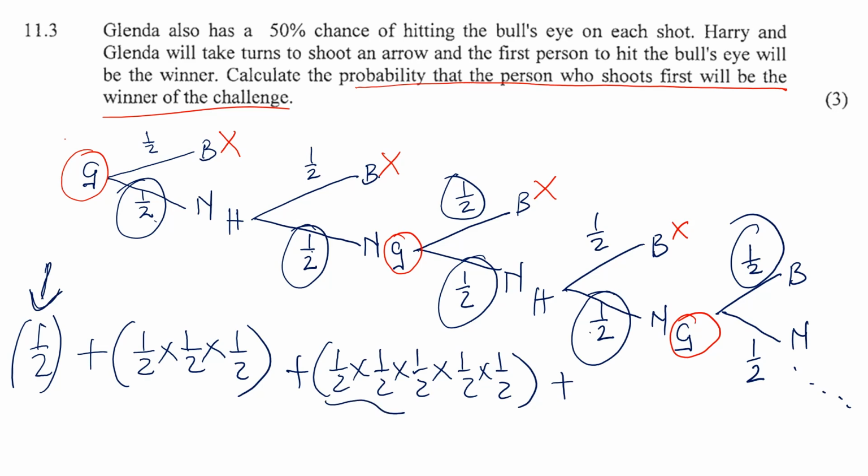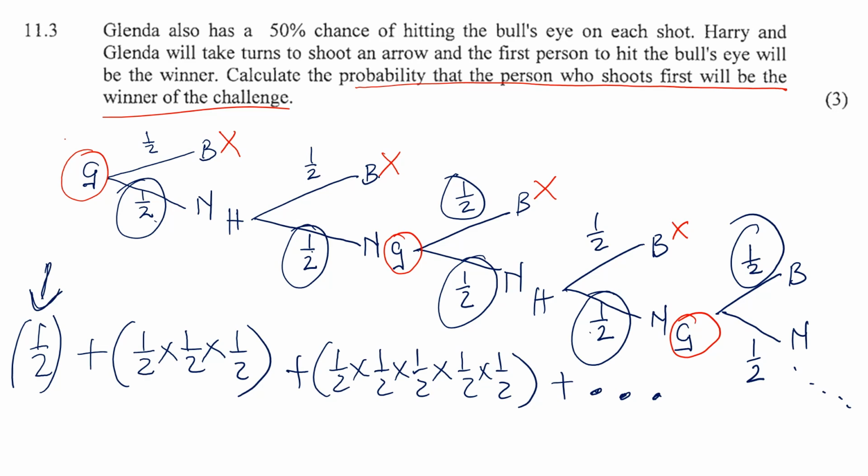Another case: we call Harry, he misses, then Glenda comes and beats again. That probability is this. Can you see that this will continue to infinity? We'll keep on adding, because we can also say, what if Harry misses now? We have to call Glenda again, like that. So you keep on adding. Then you have to realize that this sum will be going to infinity.